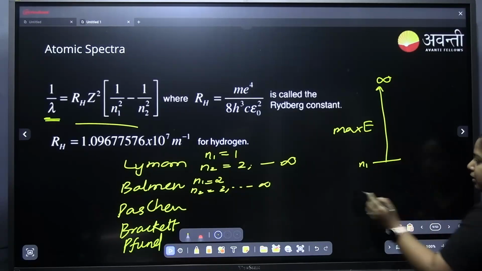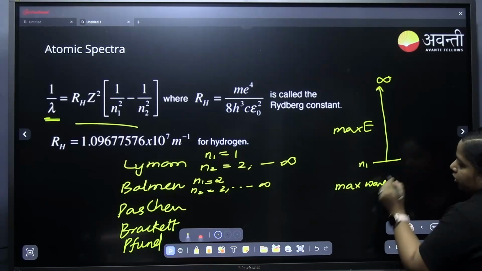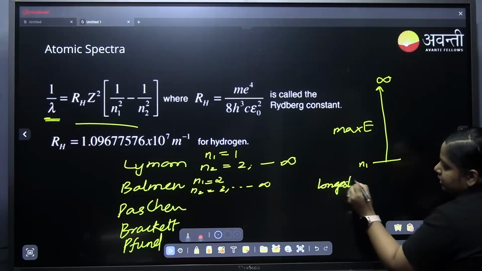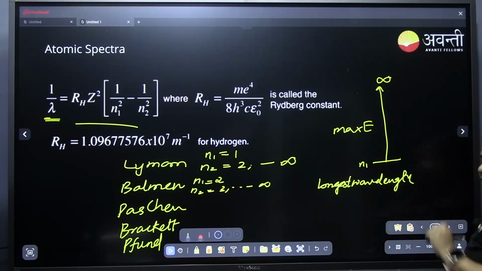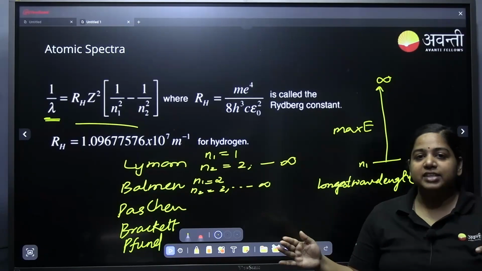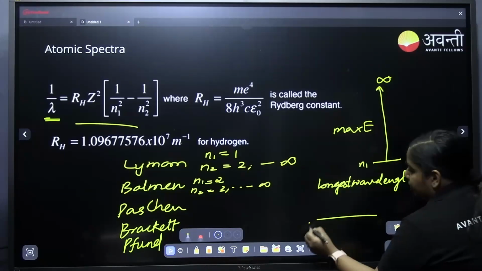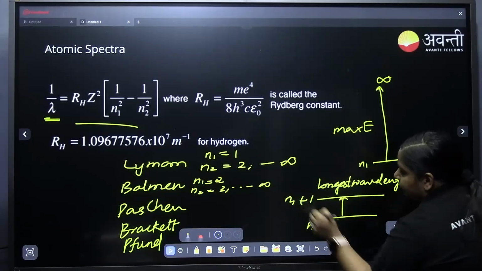Next, maximum wavelength or longest wavelength. Longest wavelength means minimum energy. Wavelength increases, energy decreases. So longest wavelength is from n1 to the next level, n1 plus 1.